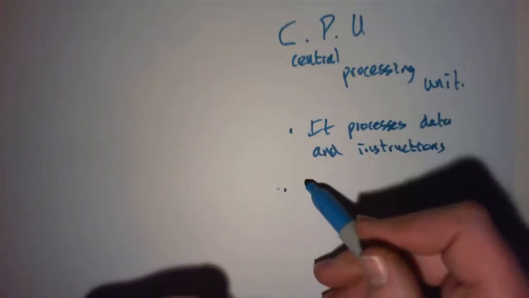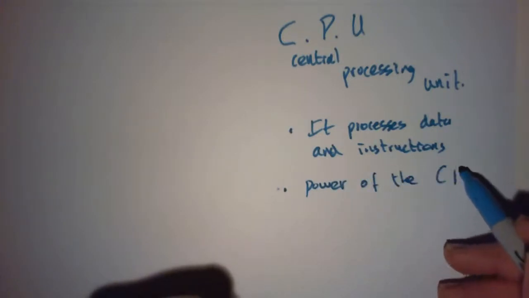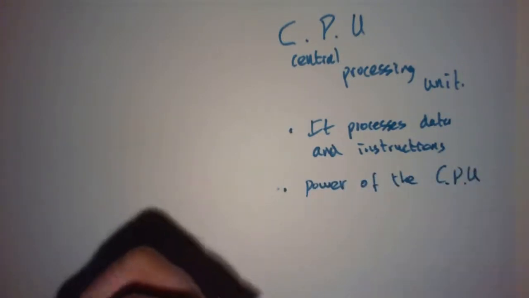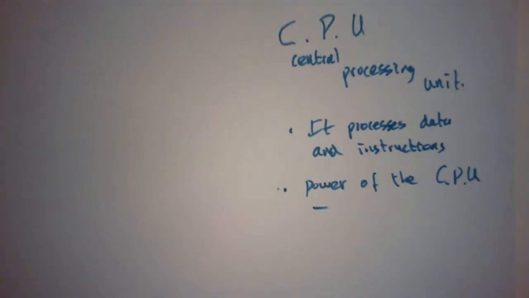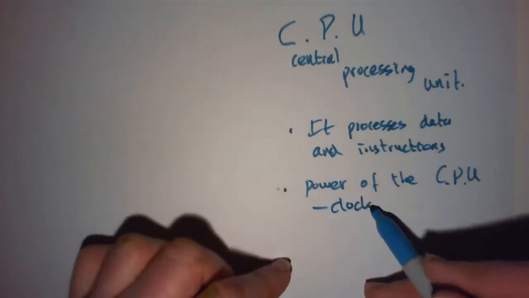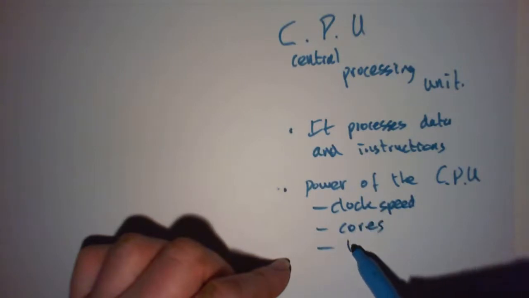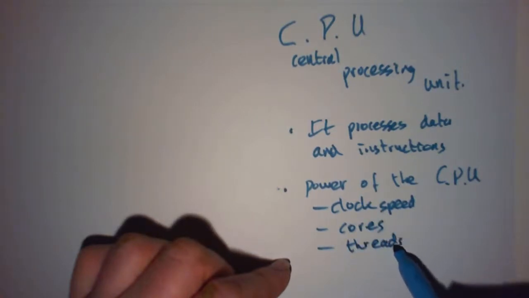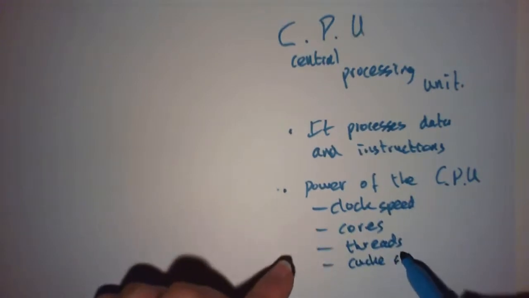The power of the CPU to do this, its computational power, is determined by a number of factors. We will talk about all of them, but just to name them so you know them: clock speed, cores, threads, and cache size.